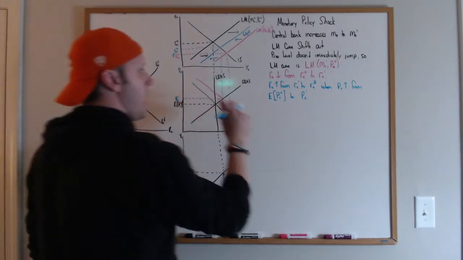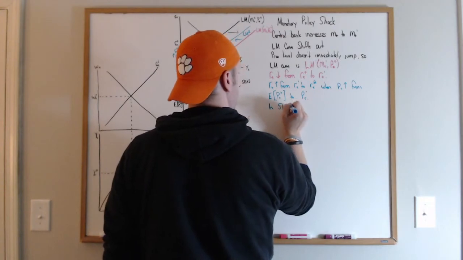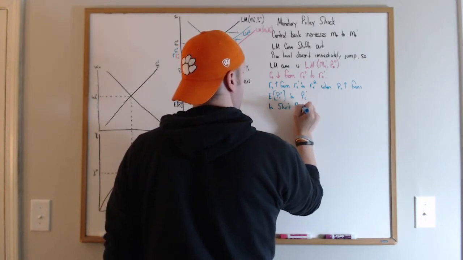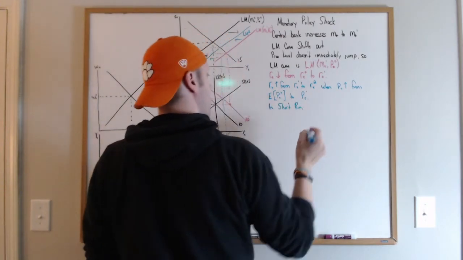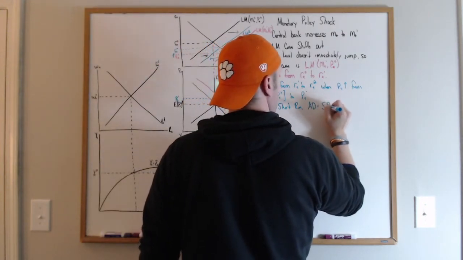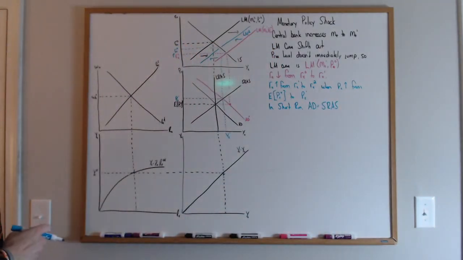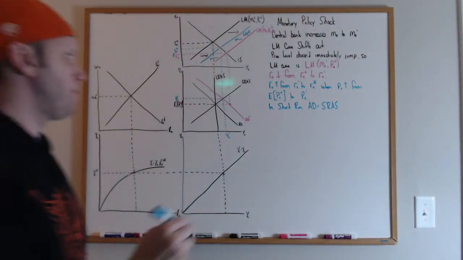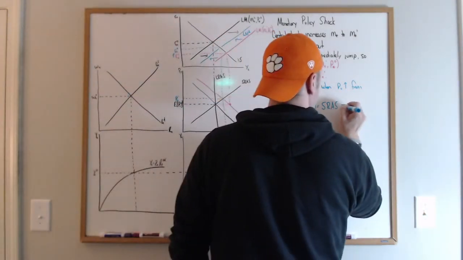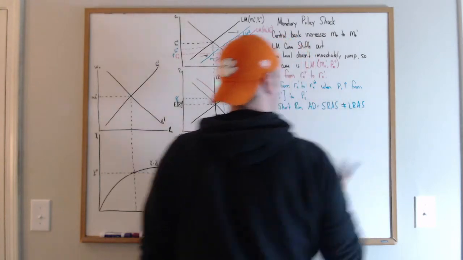So we are in the short run, where aggregate demand equals short run aggregate supply, not equal to long run aggregate supply.